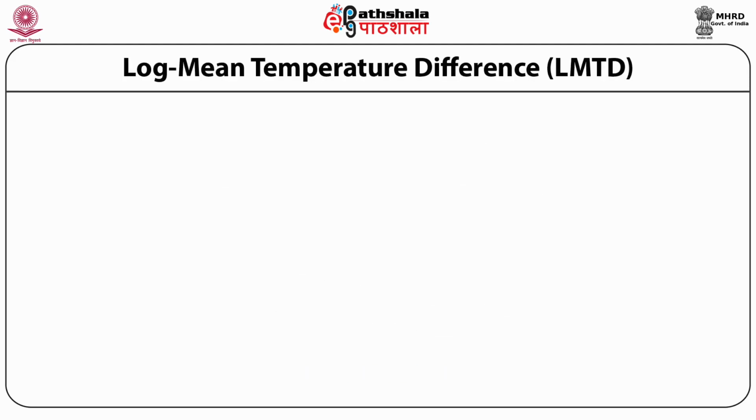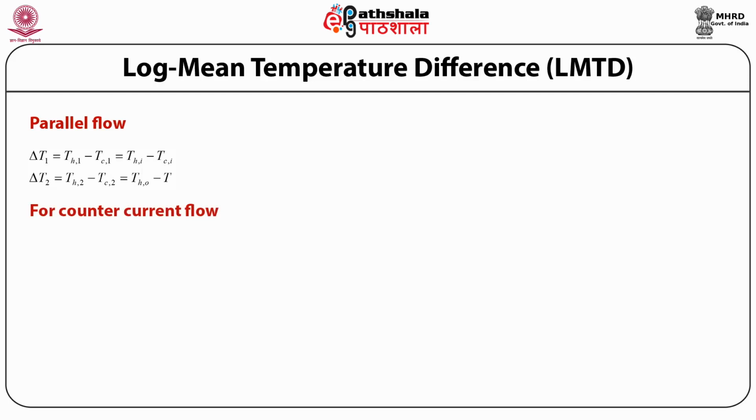So we have just shown the figures for flow pattern and temperature variation for parallel flow and countercurrent flow. If it is parallel flow, del T1 is Th1 minus Tc1, that is Thi minus Tci, and del T2 equals Th2 minus Tc2, that is Tho minus Tco.